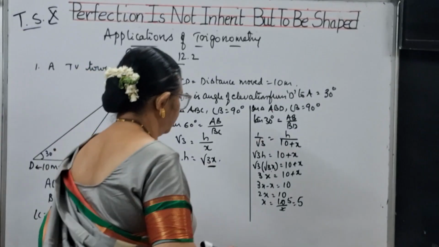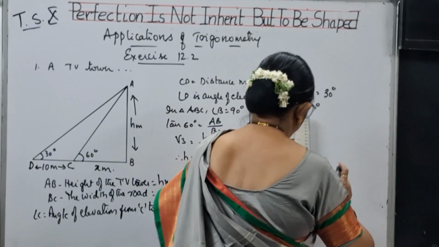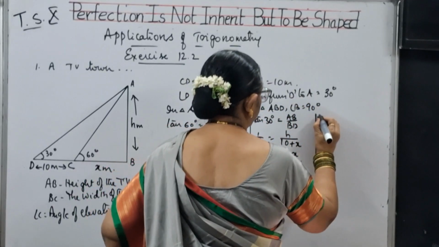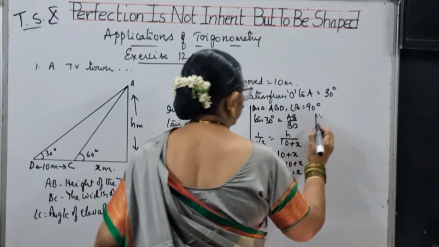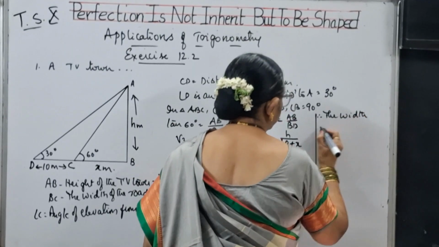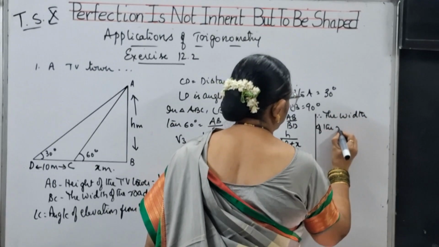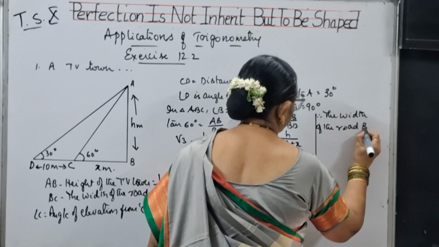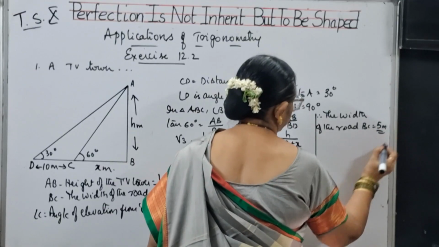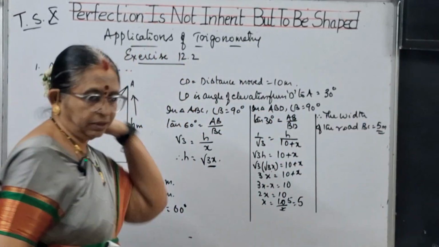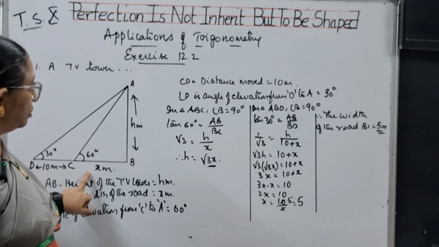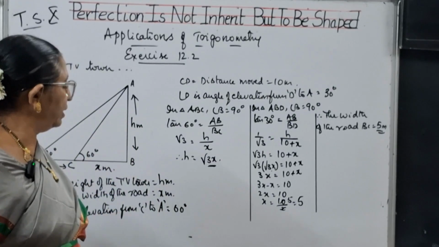What is the x, children? Width of the road. So, the width of the road BC is equal to 5 meters. This is one answer that you have got, children. Now, another question is, not only x you need to find out, you have to find out h.